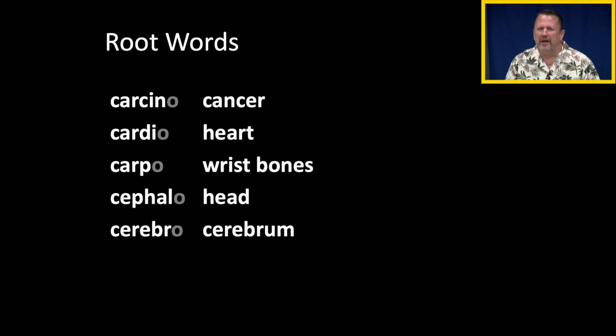Carcino refers to cancer. Carcinomas are cancers that start on surface body areas, and that's body areas that separate the body from the outside world. So that will include the lungs. Even though we breathe in and we think of our lungs as being on the inside, think about it, our lungs carry air from the outside and then push the air back out.